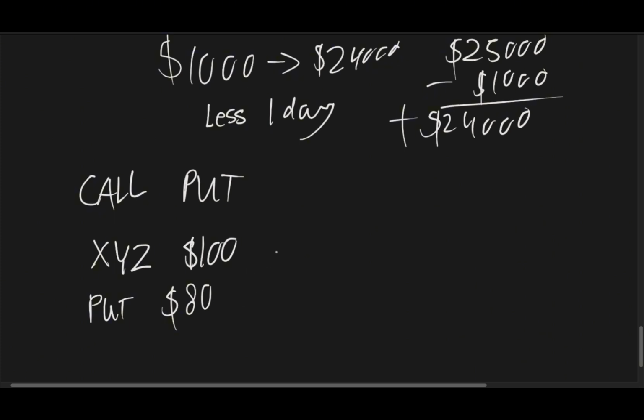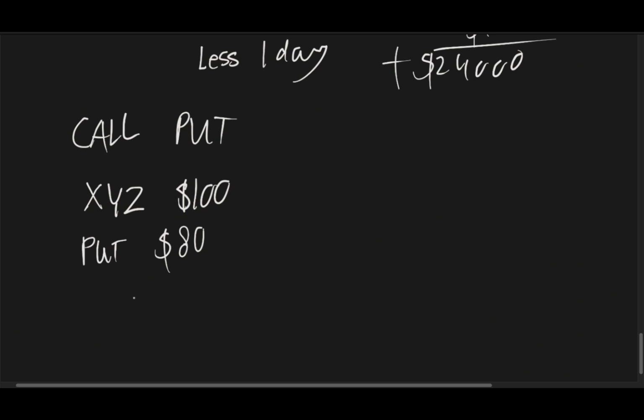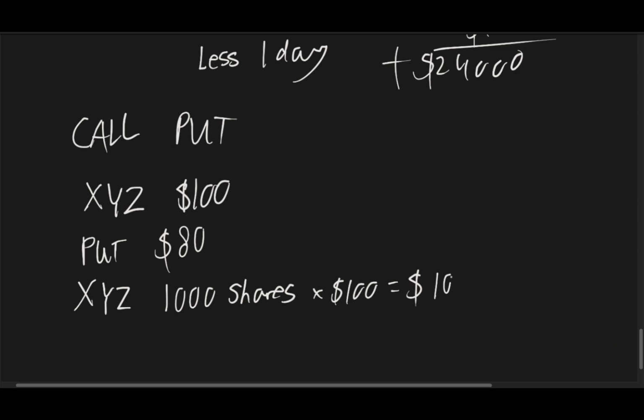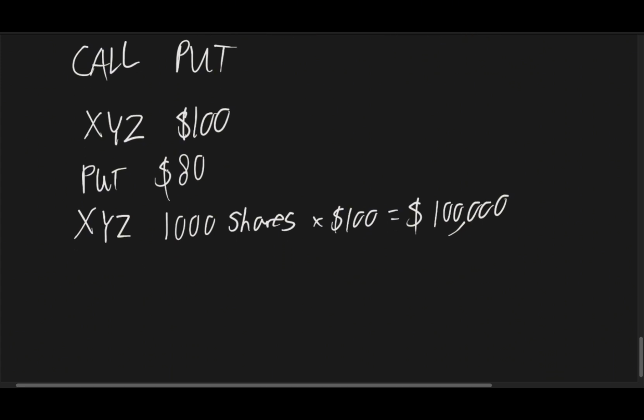So let's say we have a lot of money in our bank account. Let's say we have 1,000 shares of XYZ, right? 1,000 shares times $100. So we have a total amount of $100,000 positioned in XYZ. How many put options should we buy?